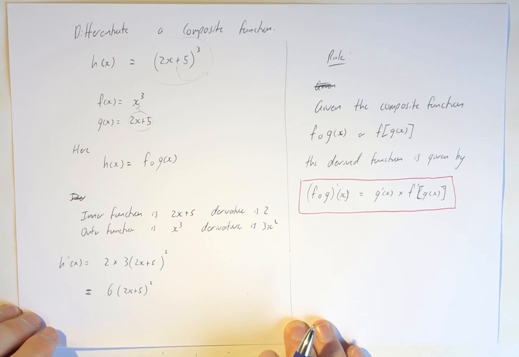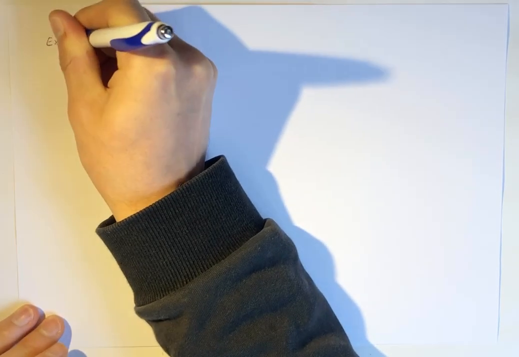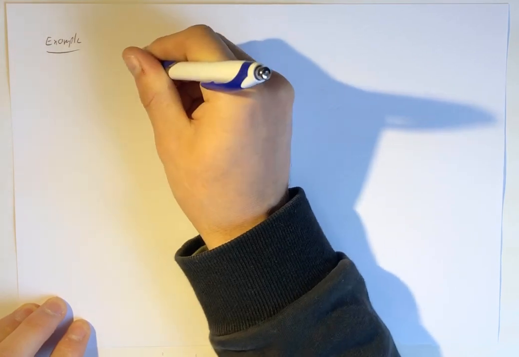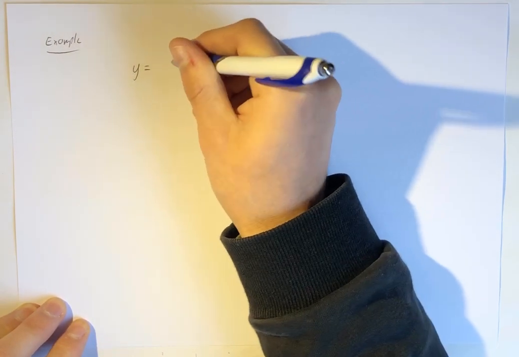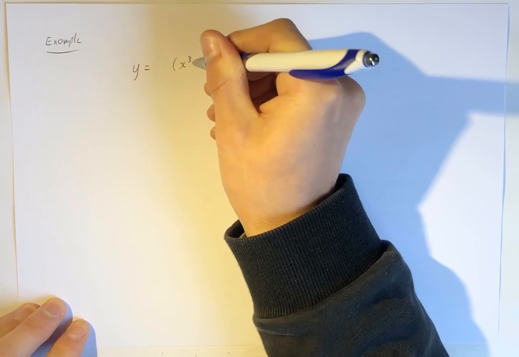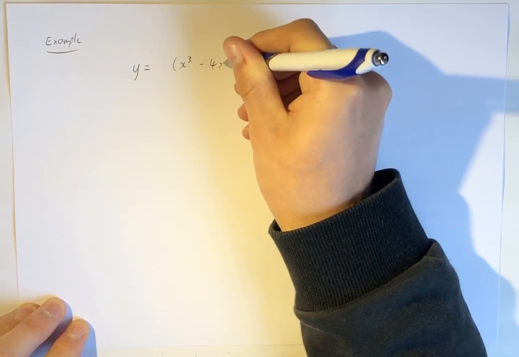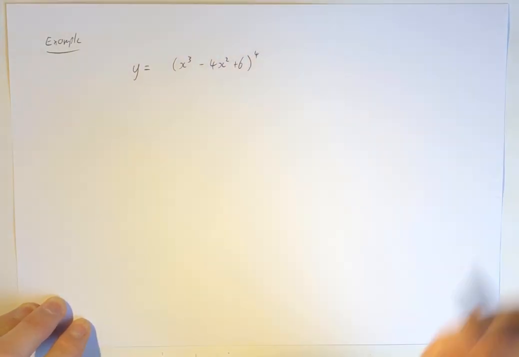Okay, and let's have a look at another example. So let's have a look at this example here. y equals (x cubed minus 4x squared plus 6) all to the 4.